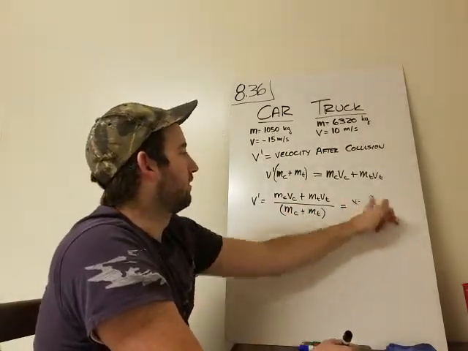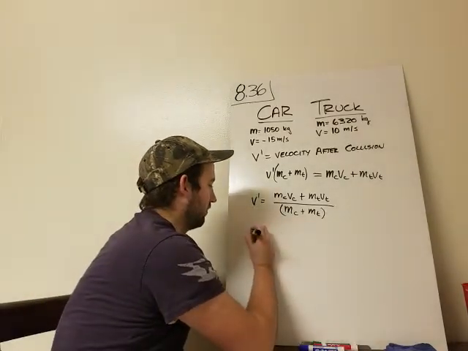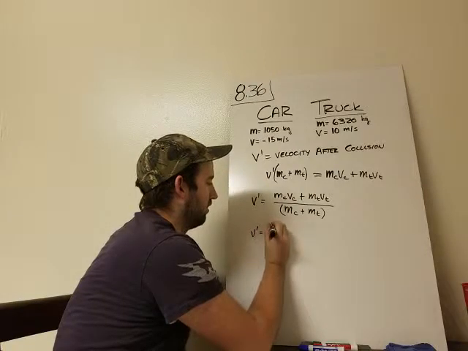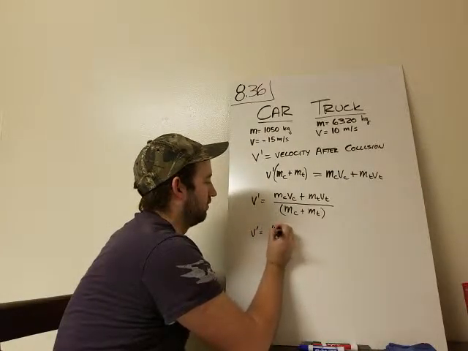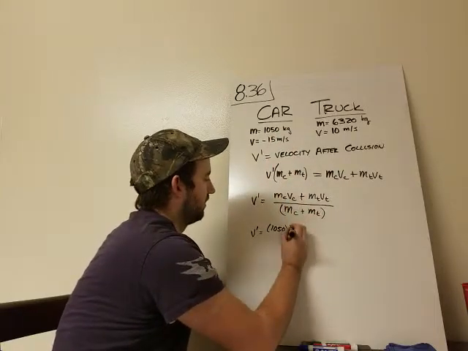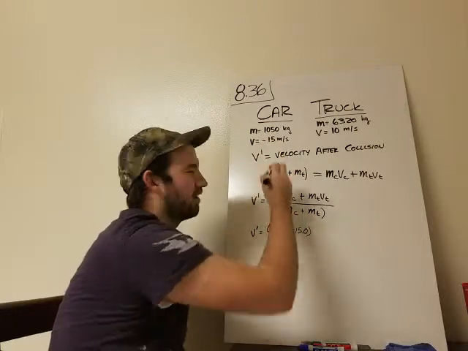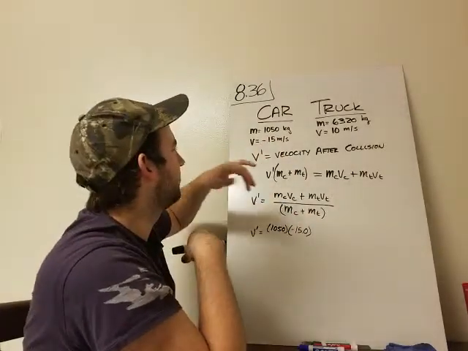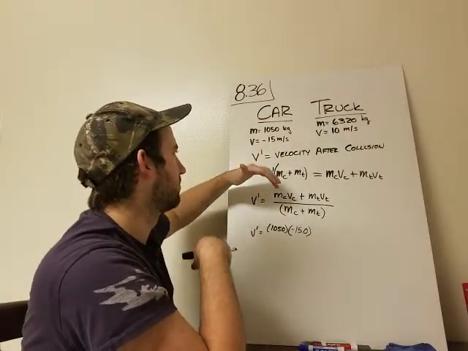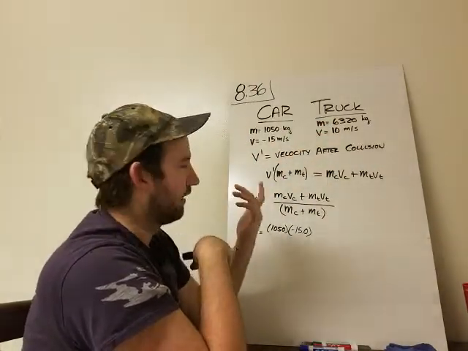But anyway, I'm going to rewrite this down here, where I have more space. So V prime equals 1,050 times the velocity of the car, which is negative 15. I did negative because it's traveling west, and since west is to the left, I always have the left be negative.